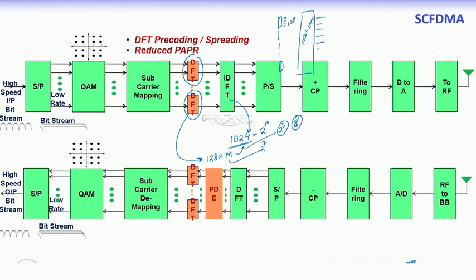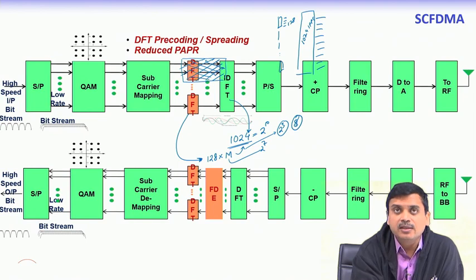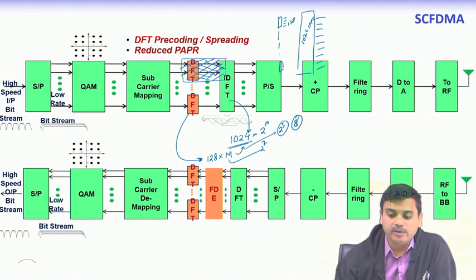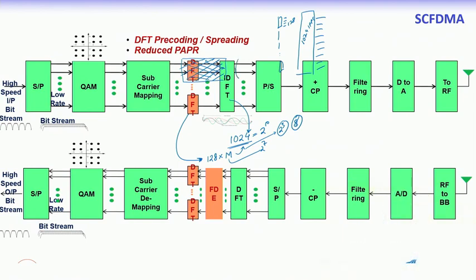Now, if we focus on this particular section, the DFT along with these carriers smudge out each other, and as a result one can think of getting a larger bandwidth equivalent to a single carrier system.